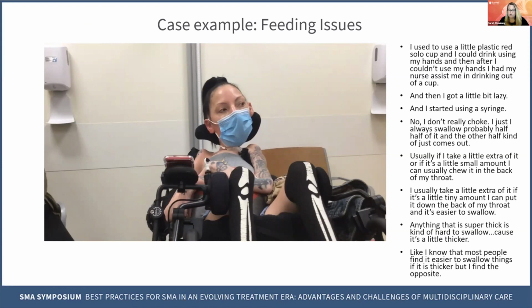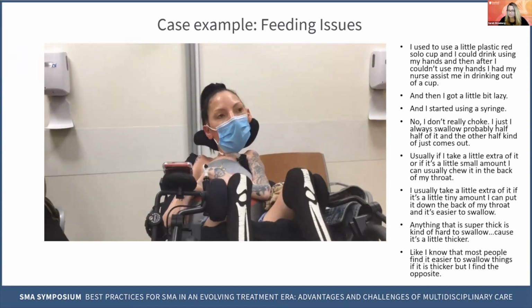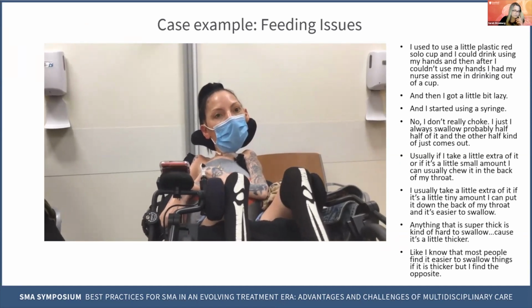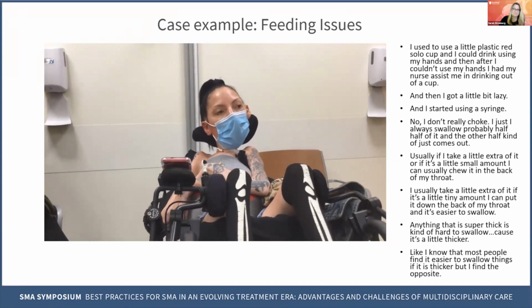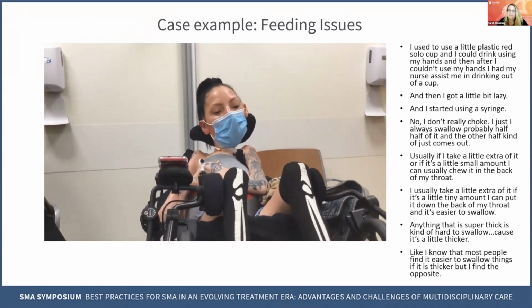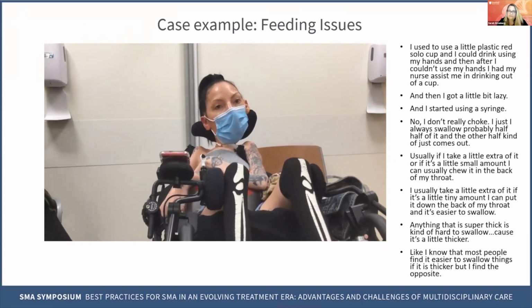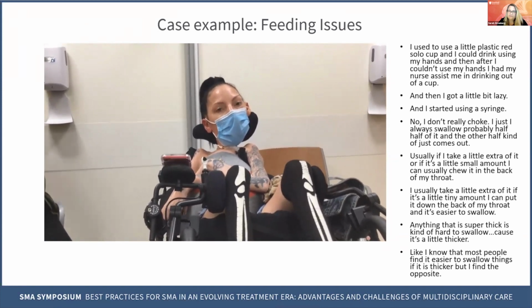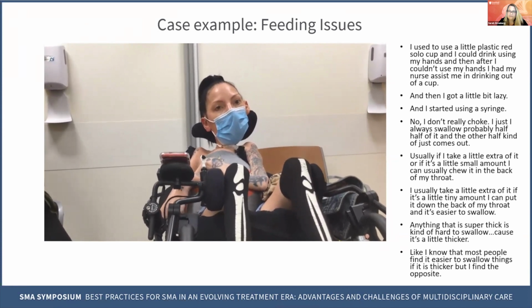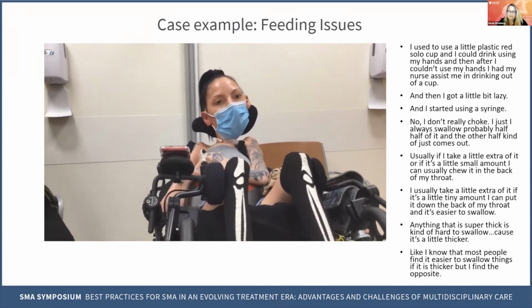change over the lifespan. I used to use a little plastic Solo cup that I can take using my hands. And then after I couldn't use my hands, I would have my knife assisting in taking out of the cup.